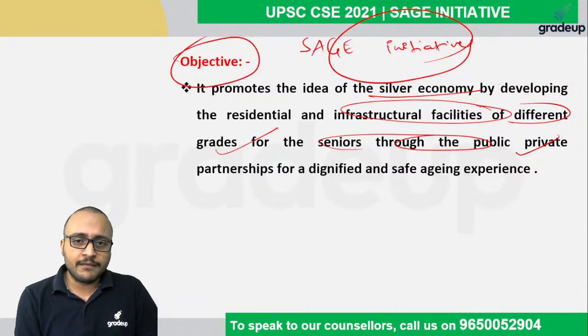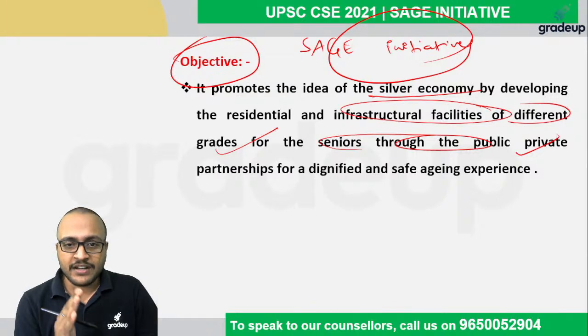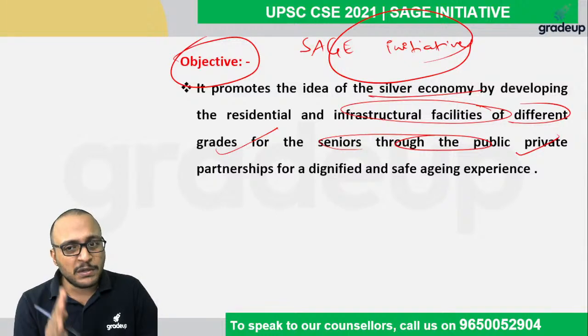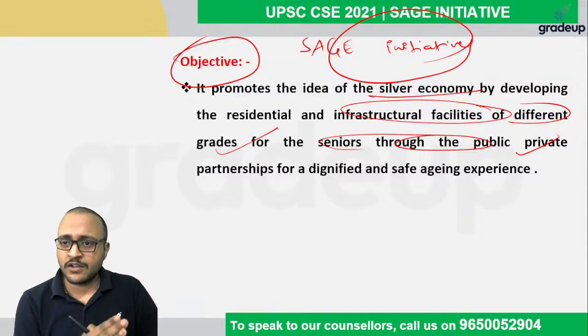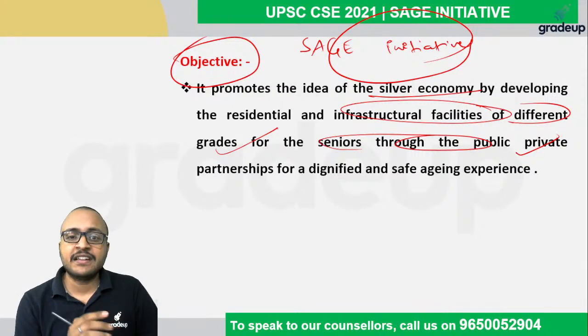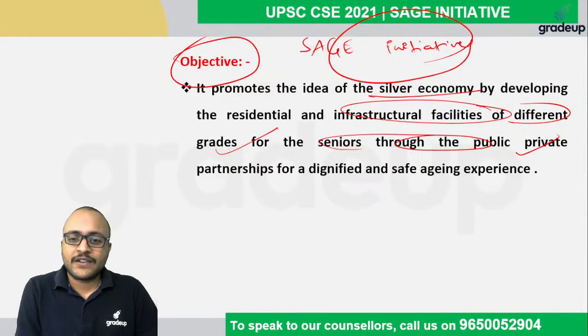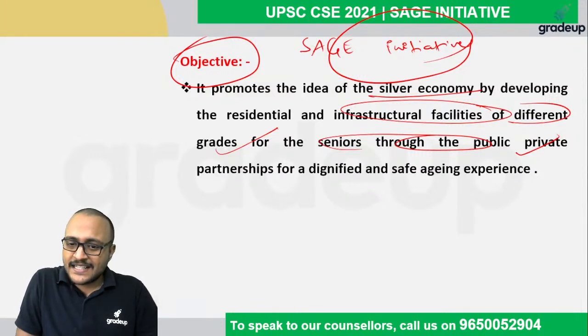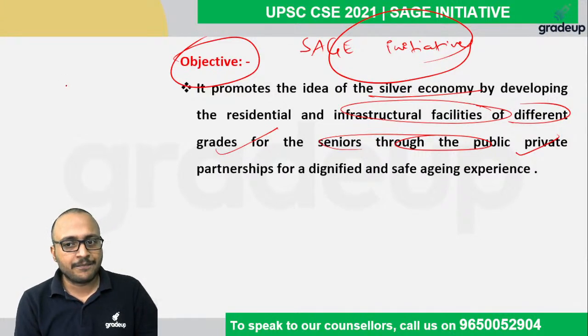Overall, the economy related to the system of production, distribution and consumption of such goods and services, which have the potential of older and aging people working as their consumers, is called the silver economy.